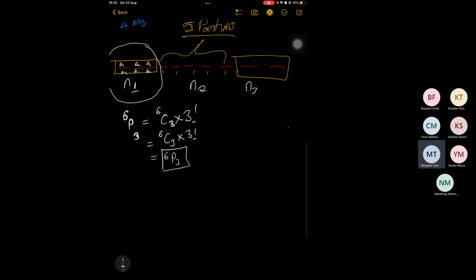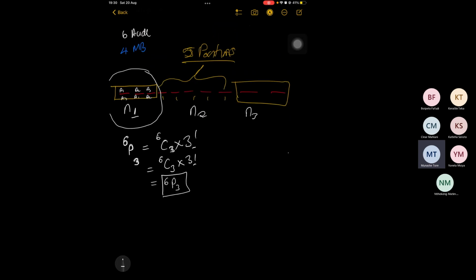Then you go on to N2. N2 is just 5 positions, isn't it? Like, what is it saying? 3 and 2. Okay. In this region 1, for N1, it was already occupied by 3. Then N3 is going to be occupied by 2. So you already know that this is going to be 5 positions.